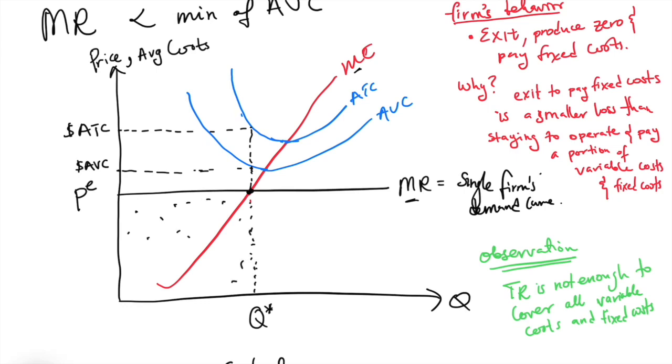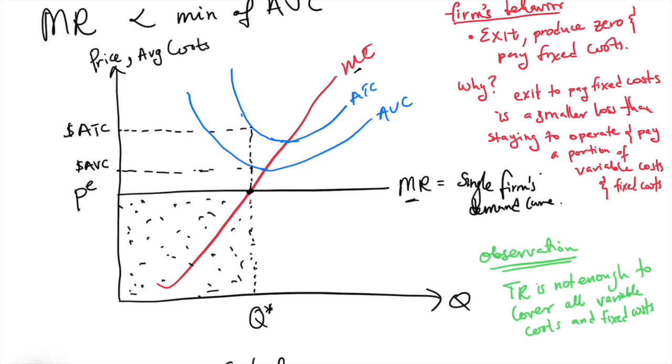This shaded area in black, this dotted area in black is your total revenue, your sales. It's not enough to cover your variable costs. This means you will not be able to pay some of your labor, and that's not a good thing, right?